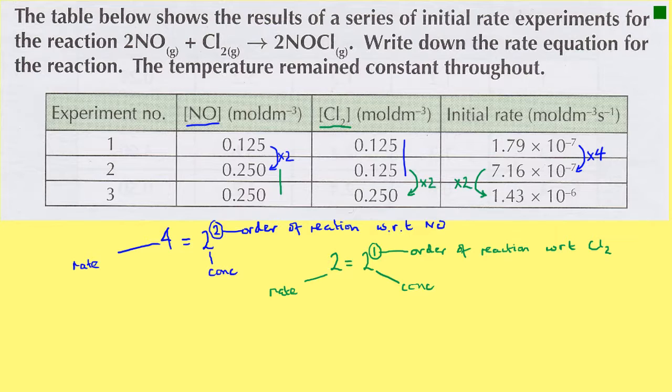So in the same way, what we've worked out is that 1 is the order of reaction with respect to chlorine. And just for the sake of completeness, this was what happened to the rate when we changed the concentration. So we doubled the concentration and doubled the rate, so the order of the reaction with respect to chlorine must be 1.